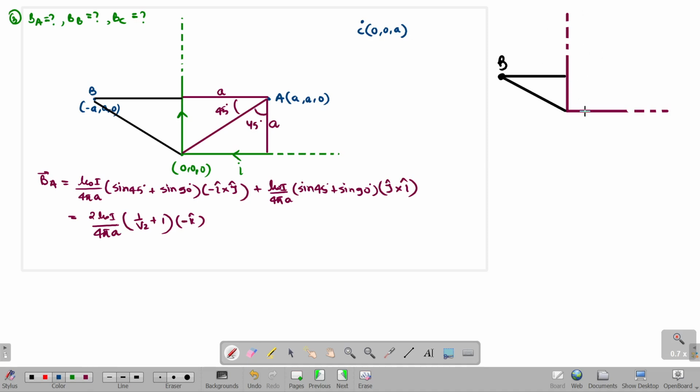So for this wire, it is semi-infinite, but for the other wire, it is not, isn't it? So how to do it? See, can I create it? Listen, listen. For the other wire, we can create a triangle this way, or not? Hello, can you hear me?